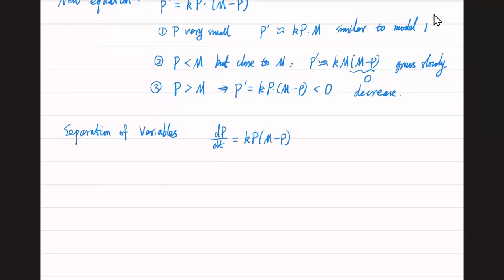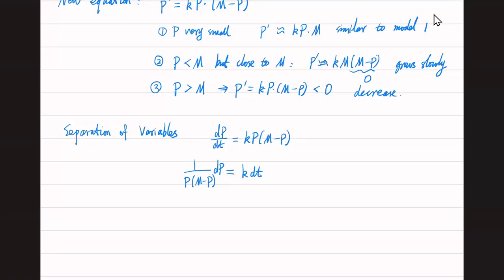We put all P, this has P, and this has P. We have to separate the two variables.